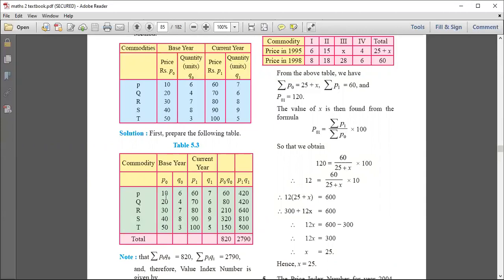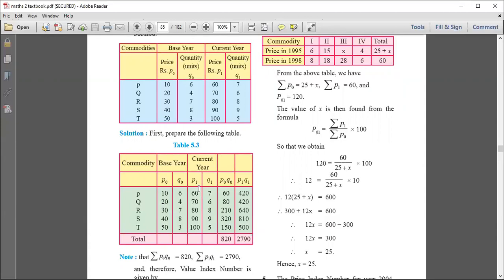For your understanding: 10 into 6 is 60, 20 into 4 is 80, 30 into 7 is 210, 40 into 8 is 320, 50 into 3 is 150. Then you have to do the total of that column, because as we saw in the formula, it is summation.